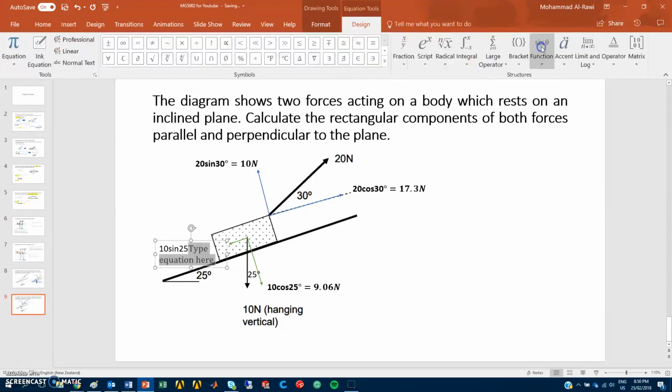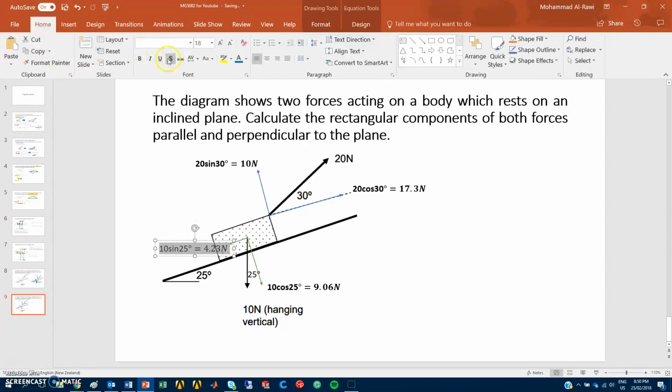Now again, remember why we're using sine: because we're moving from this 10 newtons going in that direction far away from the 25 degrees. So that will be equal, if you use your calculator, 10 sine 25 degrees will be 4.23 newtons. So this is the answer for this force. I would just make it look better.